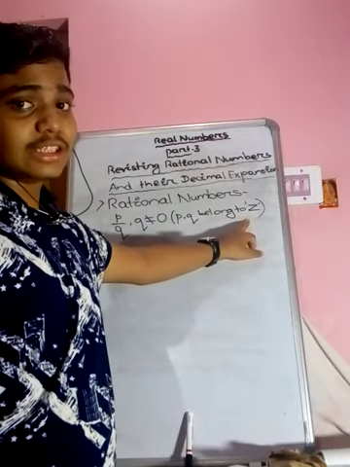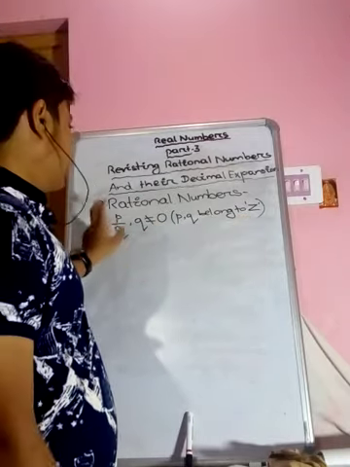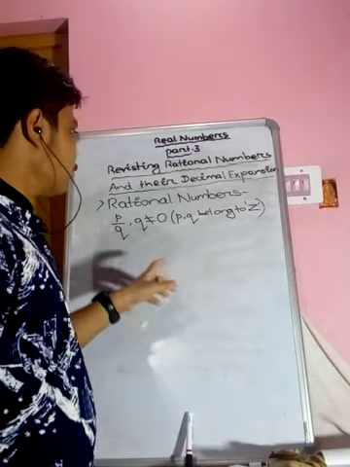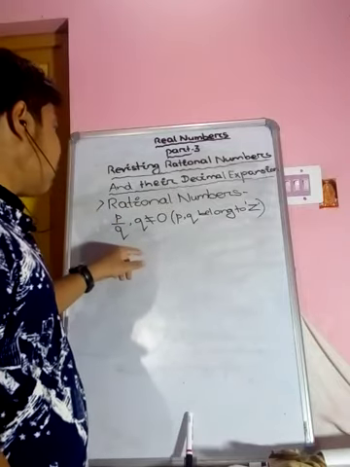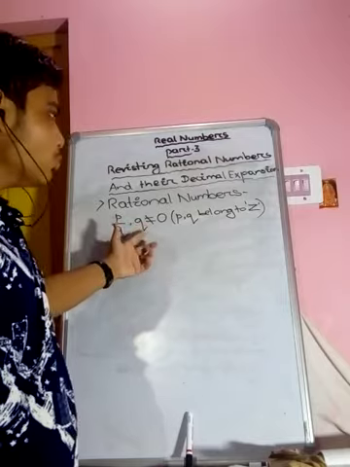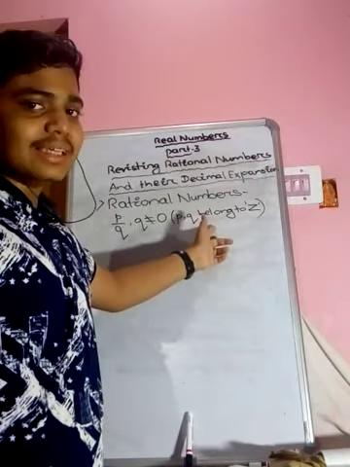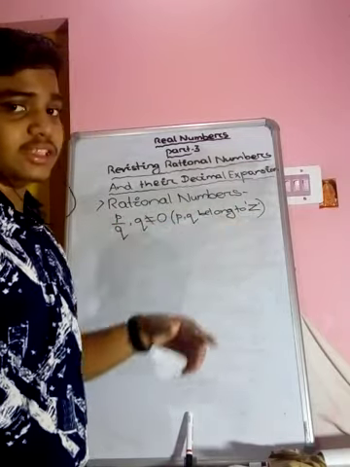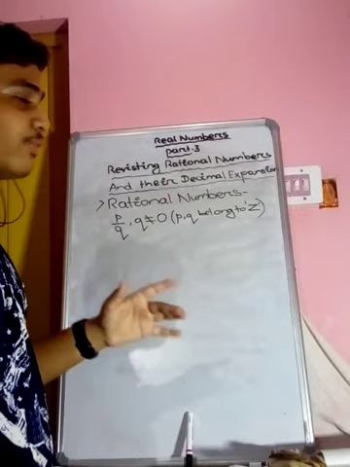Z means the integer set. So rational numbers are those numbers which can be represented in the form p by q, where q is not equal to 0 and p and q belong to Z, or integers. This is the definition of a rational number.